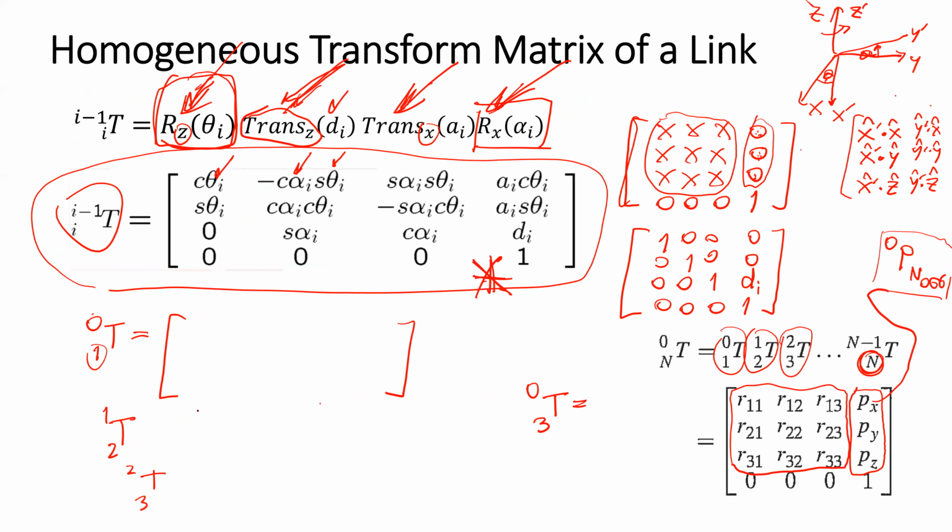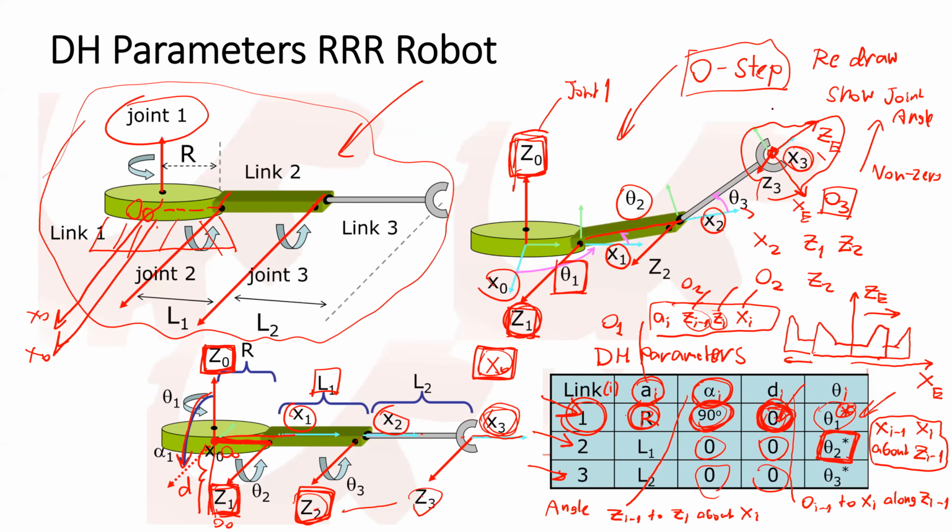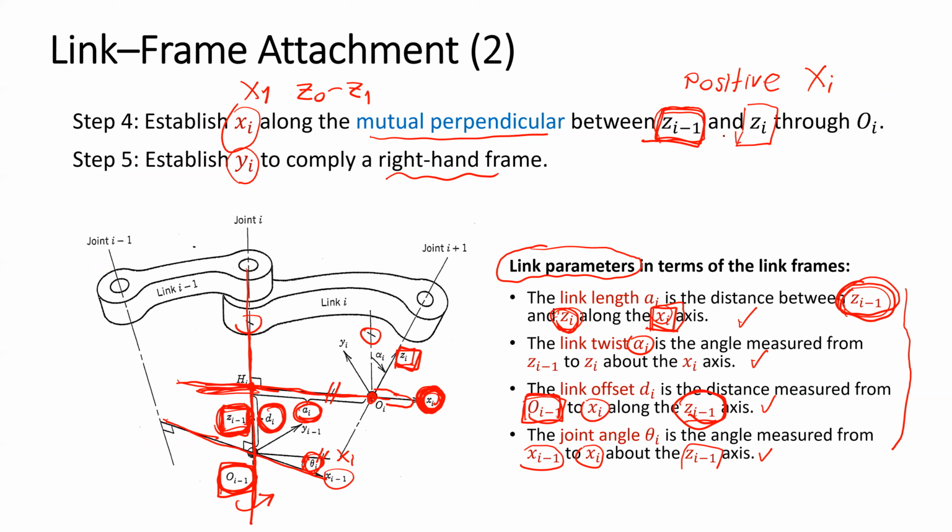X1 should be the mutual perpendicular between Z0 and Z1 and pass through the origin of frame 1.